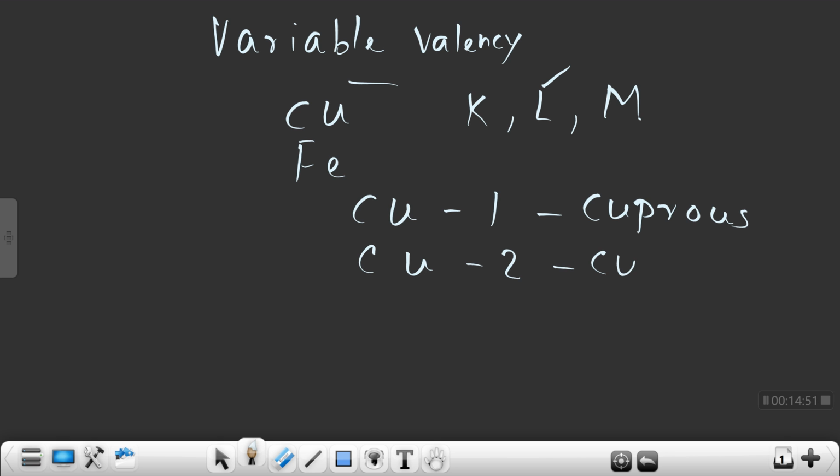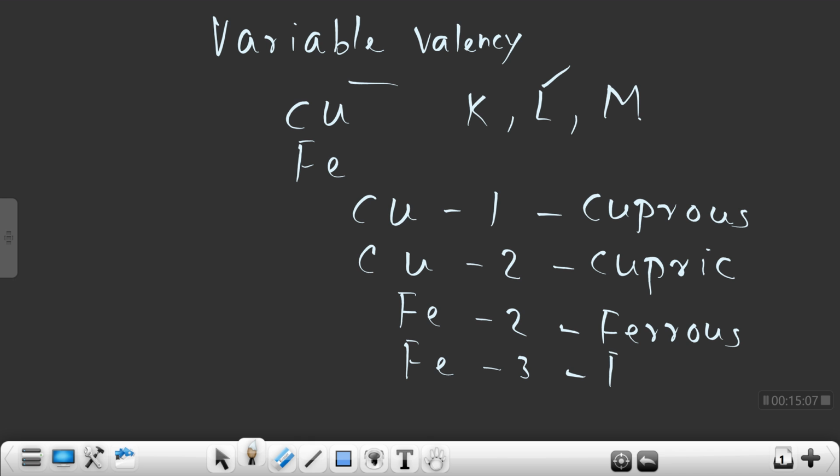And if the valency is 2, they are called cupric compounds. The same way iron has 2 valencies, 2 and 3. If the valency is 2, it is called a ferrous compound. And if the valency is 3, it is called a ferric compound.